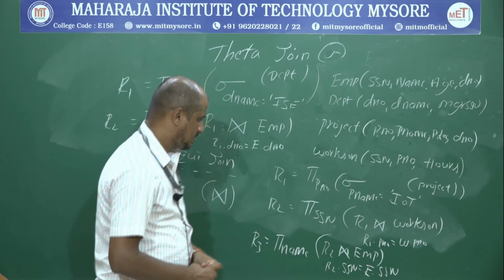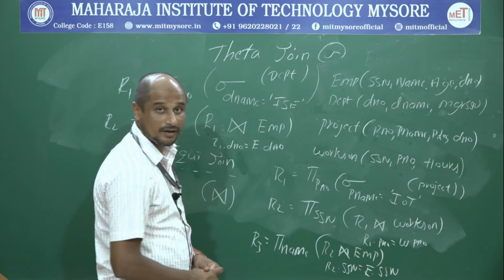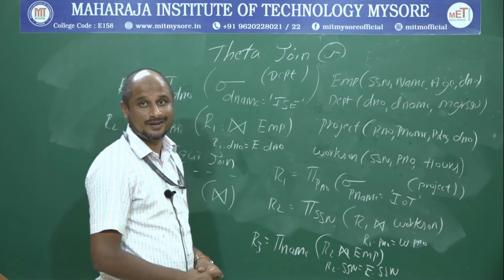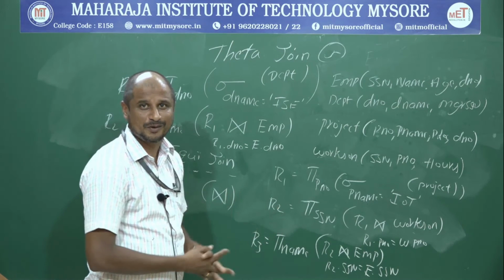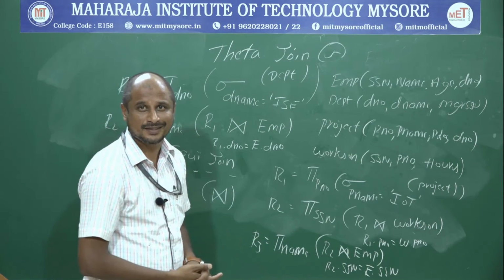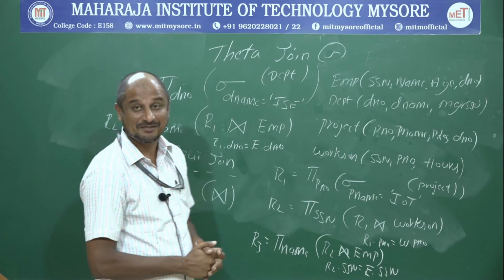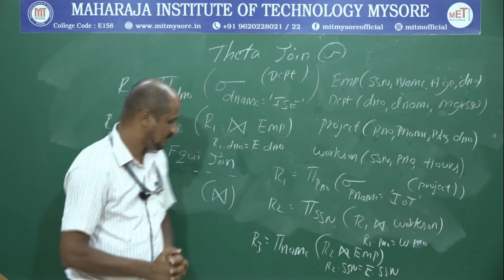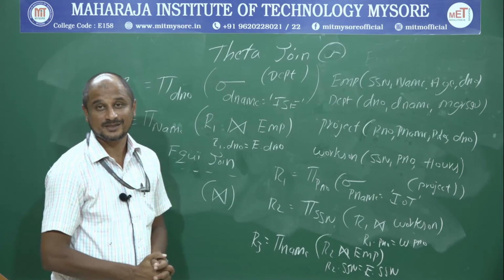So here we made a beautiful query, right? I wrote a beautiful query. It carries 5 marks. It's not easy, right? So I'm getting 5 marks for one question.